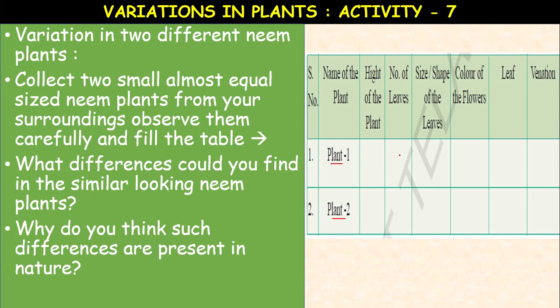Height variation, number of leaves variation, size and shape of the leaves variation, and color of the flower. Okay, flower may or may not be present, but the leaf and venation, they are same. Okay, so why do you think such differences are present in nature?